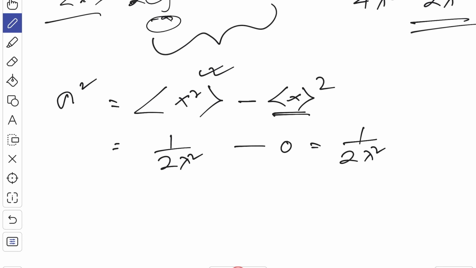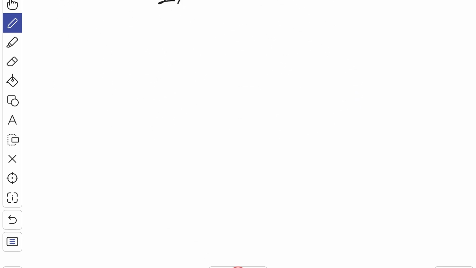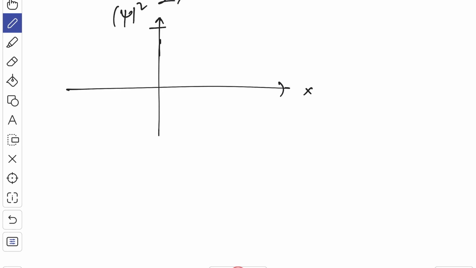Now our next task is to draw the graph of this. This is the position, and we need to draw the graph of this mod of psi square. Okay, so how to draw this graph?